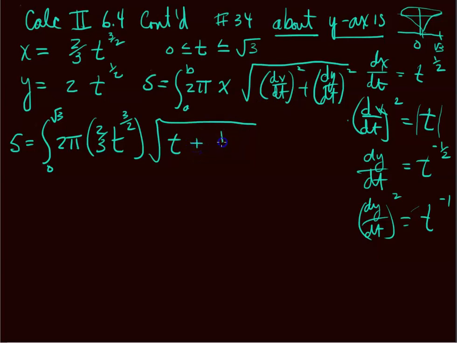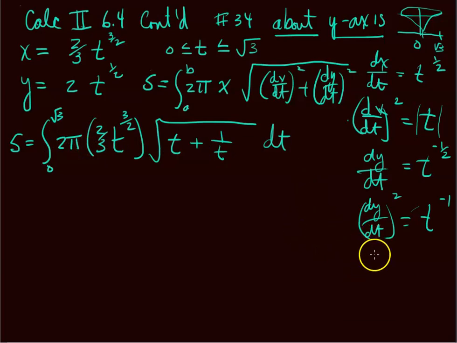So we've done a lot of stuff right there. We can pull out the 4/3, well, I'm going to leave the 2t here because I'm going to need that later.